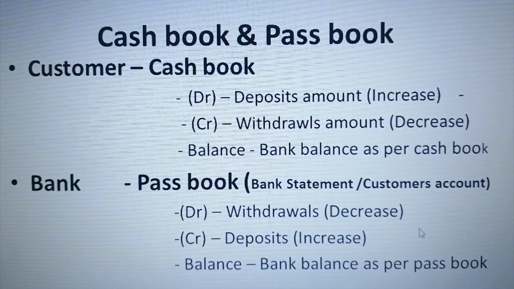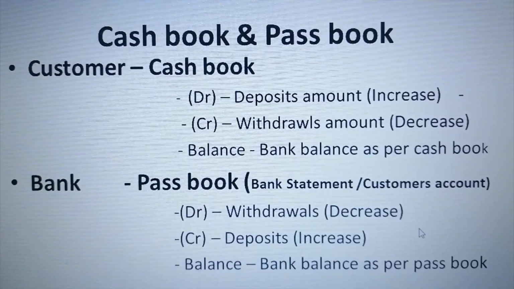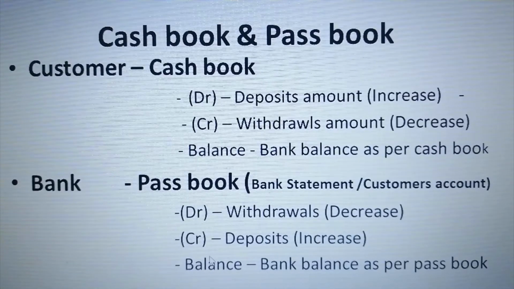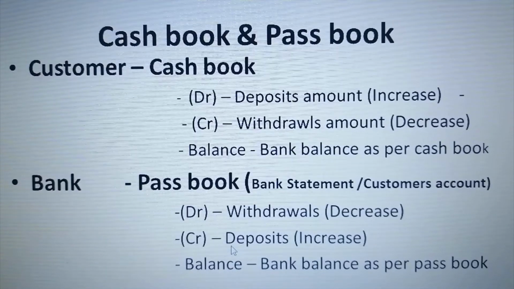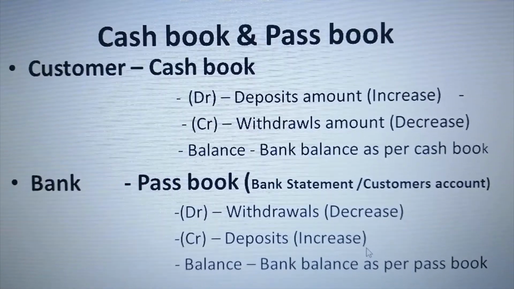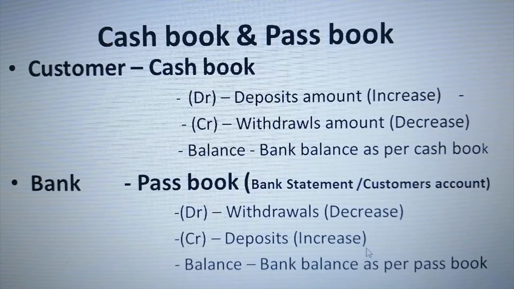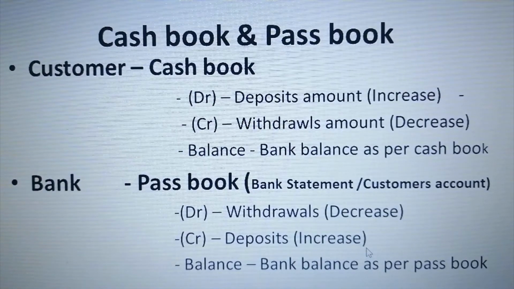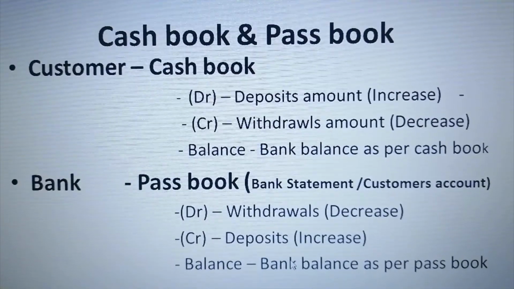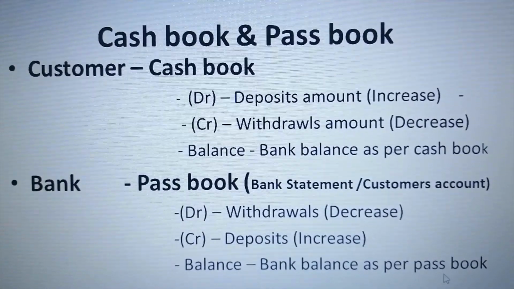That means some withdrawal has been made by him. Whereas if the amount is recorded on the credit side or credit column of passbook, it is a sign of increasing balance of the customer's account. That means some deposit has been made by him. Clear? The balance of passbook is termed as the bank balance as per passbook.